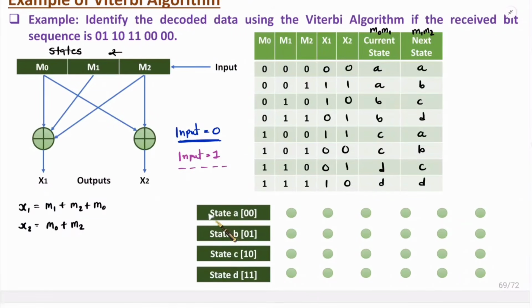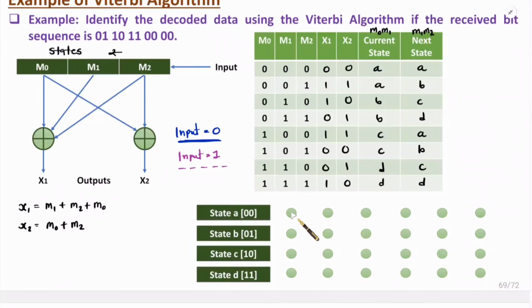That is a rule of trellis diagram. And here in trellis diagram, we need to see how transition is happening from current state to next state with respect to input. So here, first of all, let me consider state A.